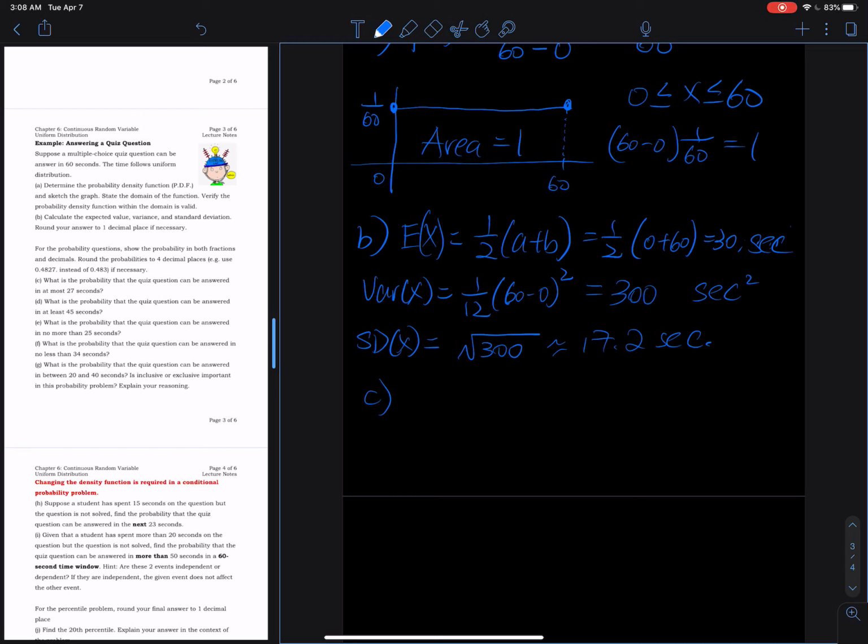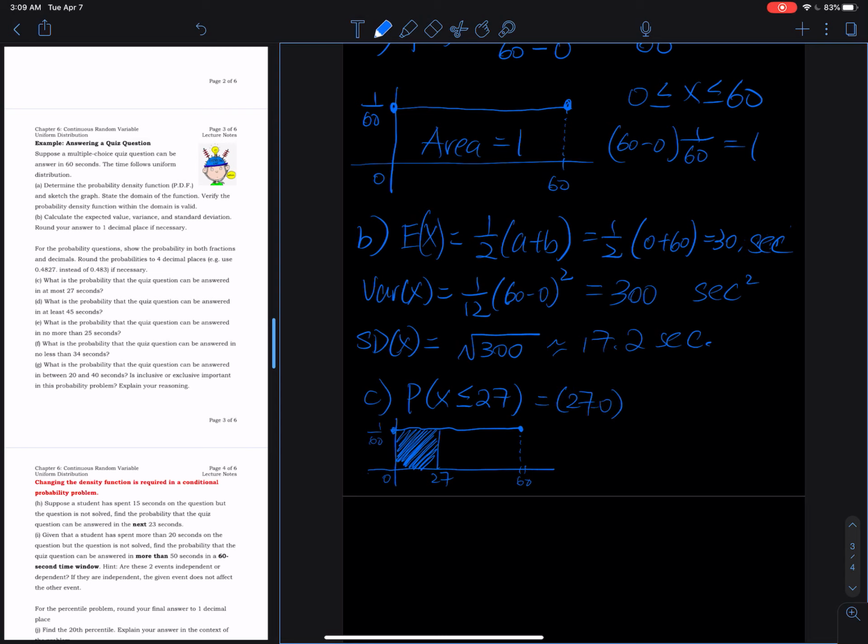The question is asking, what is the area of the shaded region, which is the base times height. Now you have to use your geometry. The base is always the big number minus the small number because you cannot use small minus big. Probability cannot be negative. And then 1 over 60. So you have 27 divided by 60.